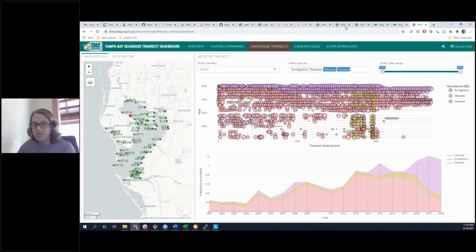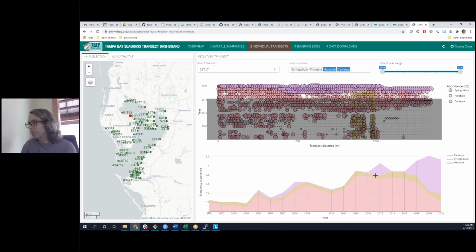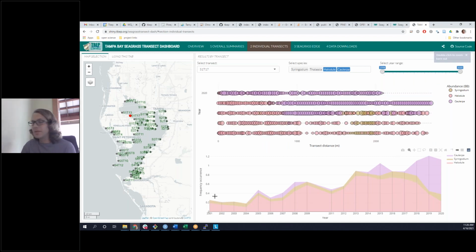But you can see these changes quite well in these graphics here. And so we see in the last 3 years at Feather Sound, Caulerpa has really become the dominant species here that has replaced the other seagrass.